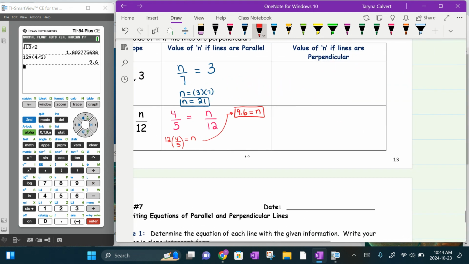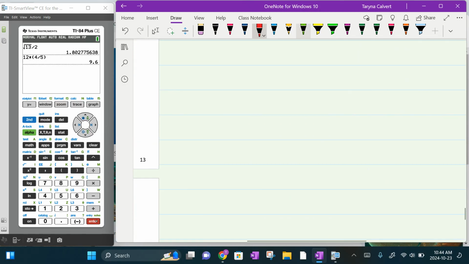So before I do perpendicular, guys, let's pretend the n was on the bottom for 1. So what if we had like 2 over n equaled, whatever, 20 over 13, just so it doesn't simplify.